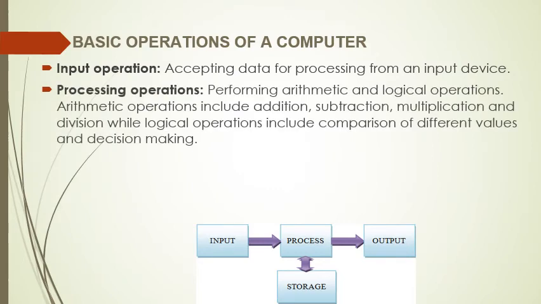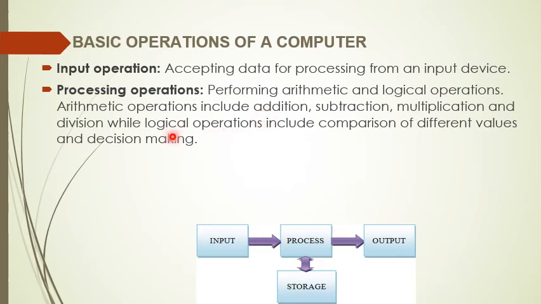Processing operation. Whenever data is input into the computer, two types of operation can be performed on that. One is arithmetic operation, another one is logical operation. Our CPU is responsible for doing these two operations. What are arithmetic operations? Arithmetic operations are addition, subtraction, multiplication, division.